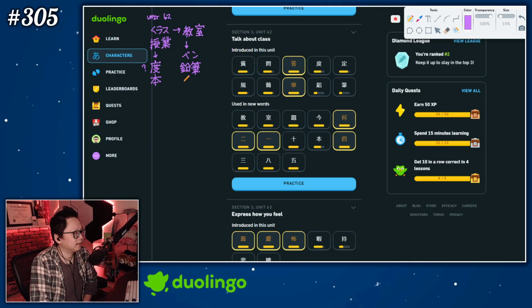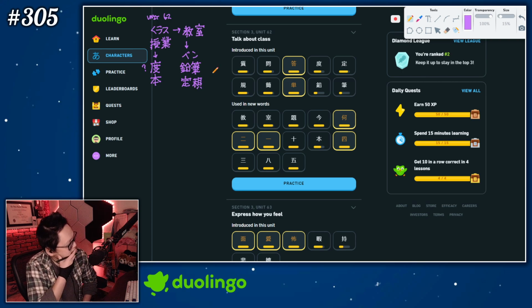A ruler. I don't remember the read on this ruler. Dang it. Koshin? Roshin? Ashin? Doshin? Oh no. Oh gosh.